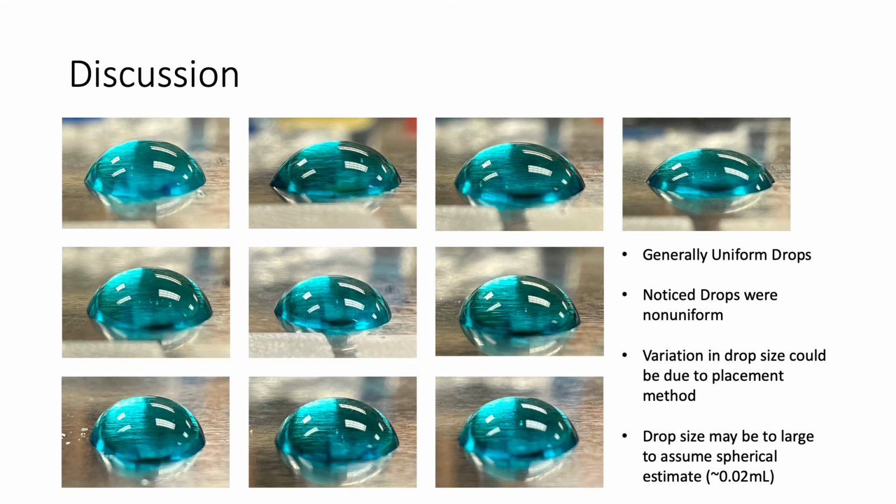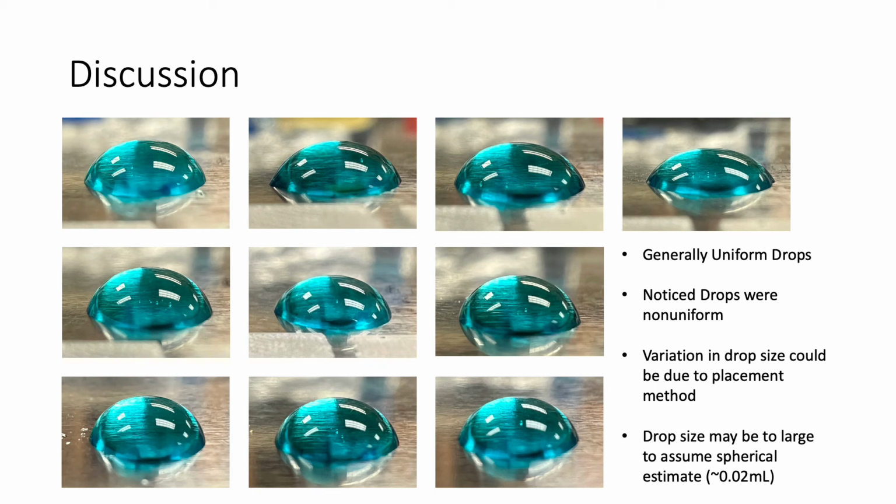Shown here on this slide are the 10 droplets analyzed in this experiment. Generally speaking, they were pretty uniform. However, there were some variations in each of the droplets, such as differences in the left and right side contact angles, them not being perfectly circular on the surface, and other variations like that could cause some error in the experiment.